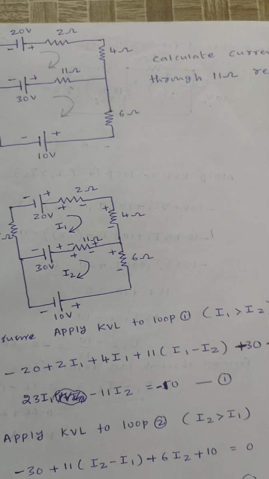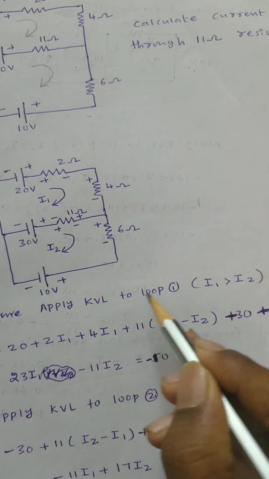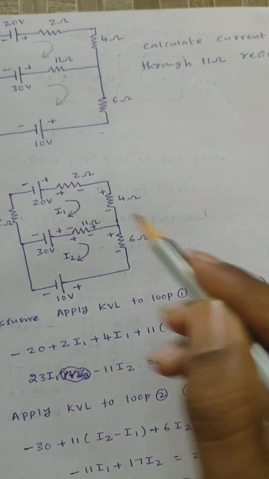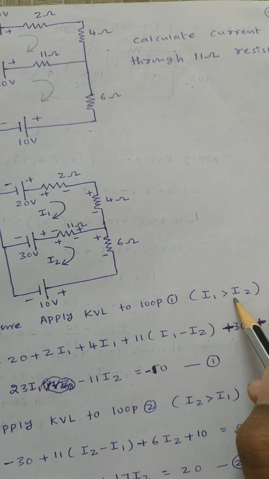Then apply KVL to loop 1. In this loop 1, the I1 magnitude is greater than I2.